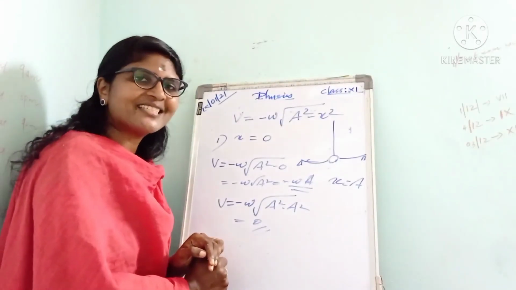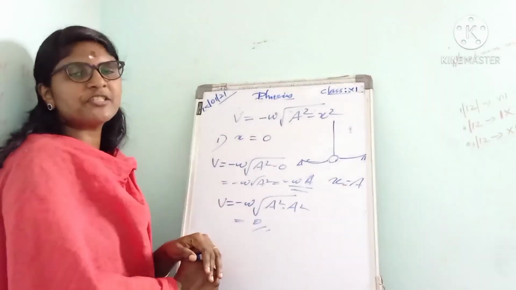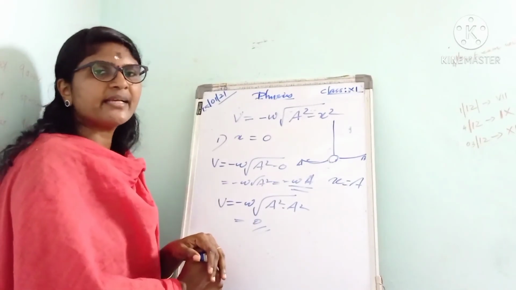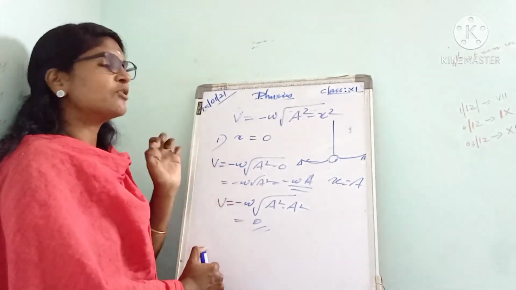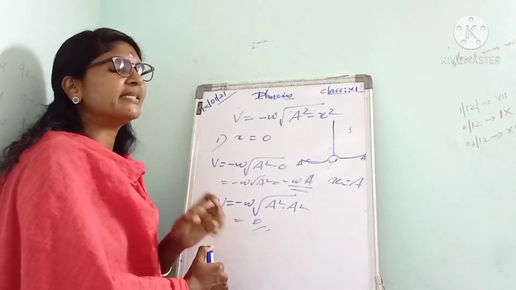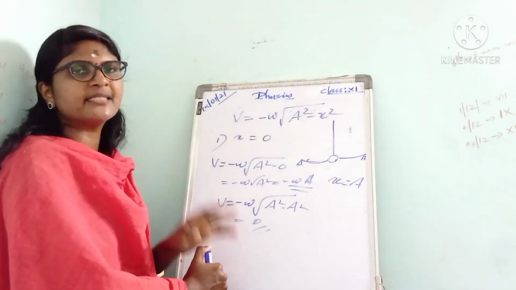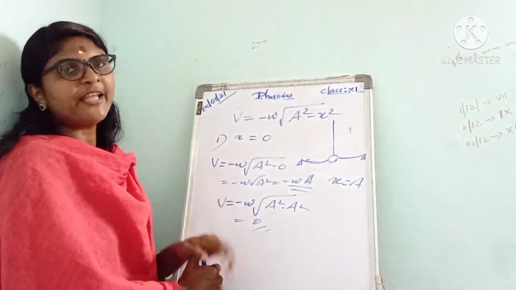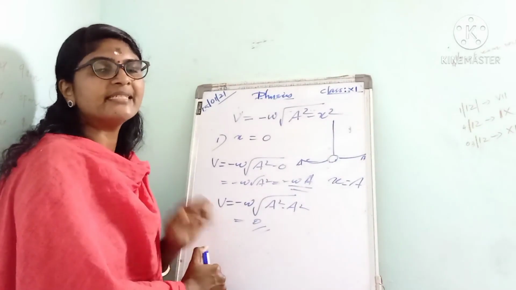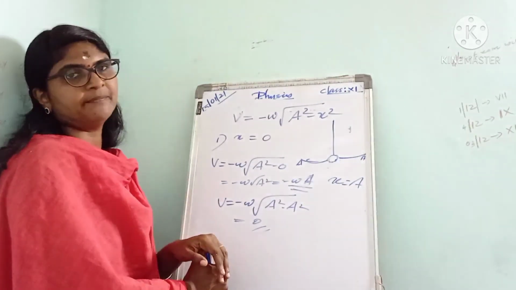Children, in today's class we have learned about the differential equation for SHM, that is d square x by dt square plus omega square x equal to 0. Also we have learned some important terms related to simple harmonic motion: displacement, amplitude, time period, frequency, angular frequency, and phase.